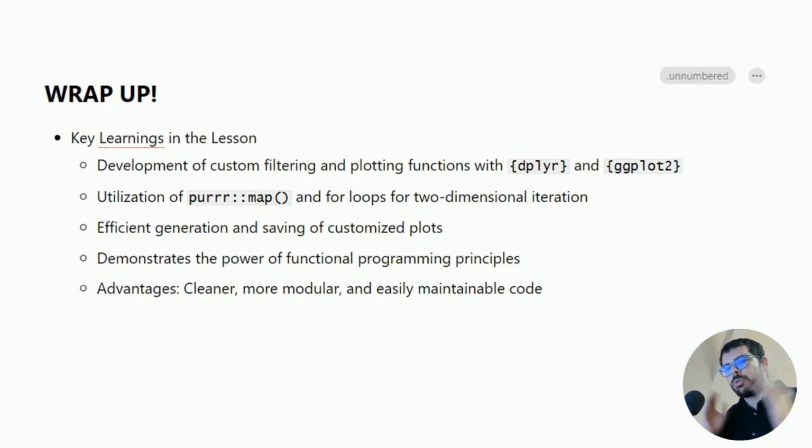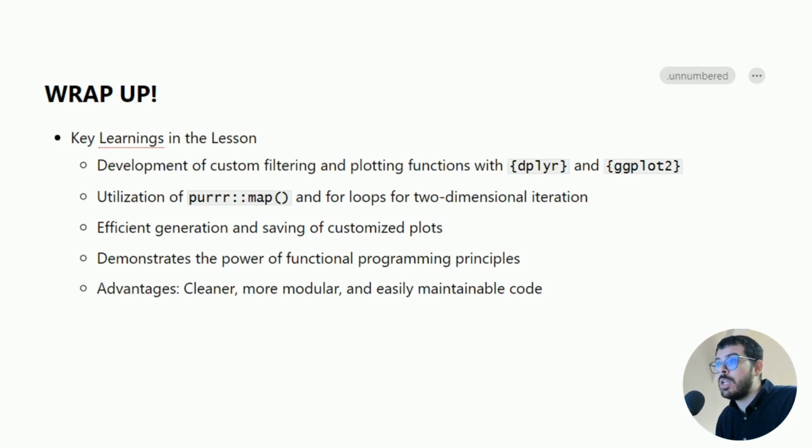So, to wrap up our lesson, we had a ride through this lesson. Basically, we were able to create our main base ggplot graph, and then we used that to create a function that allowed us to automatize some aspects of the filtering and subsetting the data.